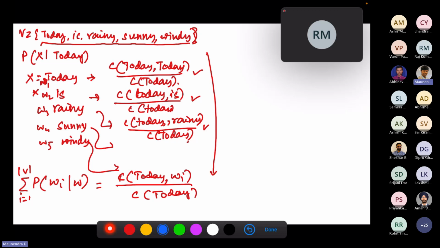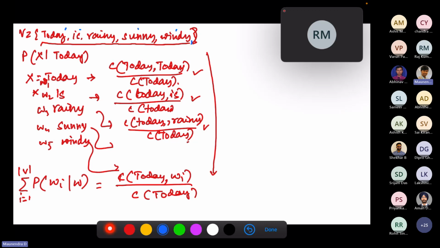Now every time today is there in the collection, the next word will be either today or is or raining or sunny or windy. Let us assume that today can also be the last word. In that case, we also have a special word like stop, and the size of vocabulary will increase by 1. Let us ignore that case for the time being.